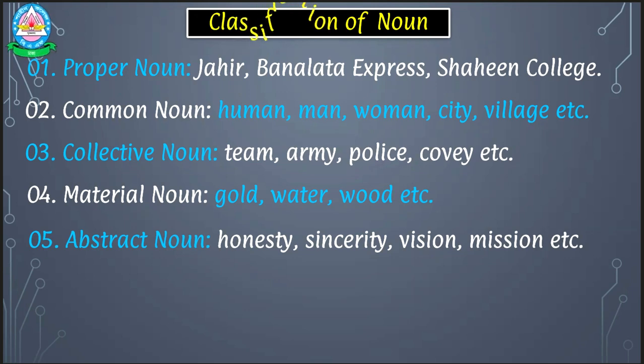Even so is the case with the village. When we say village, it means a locality having the same characteristics. So when something is common to all of the same group, it is called a common noun.